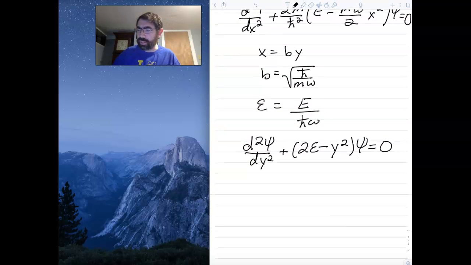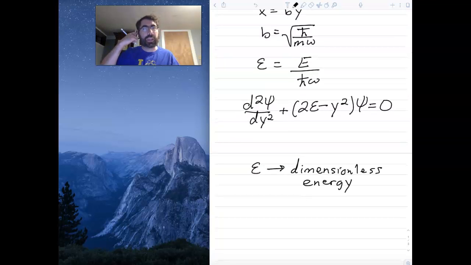We're going to rewrite things as epsilon naught is the dimensionless energy, and I think I made a mistake in class because y is a dimensionless quantity.